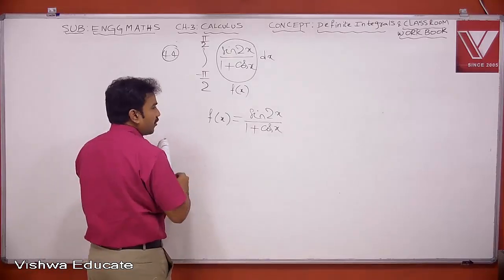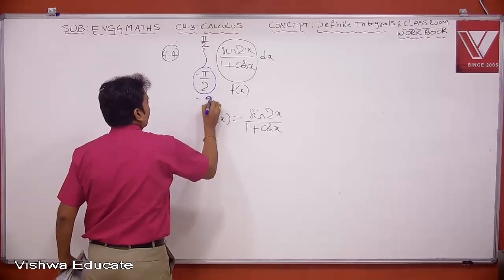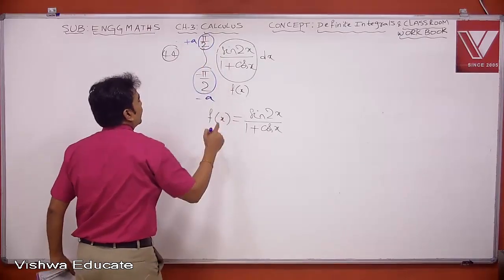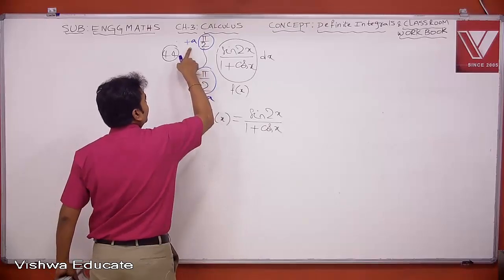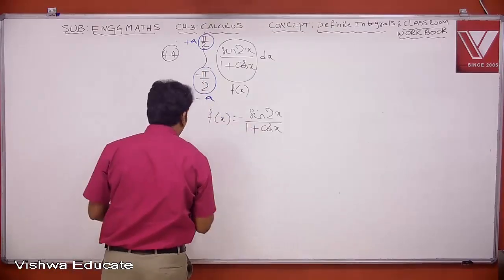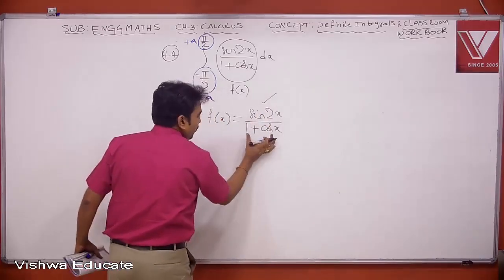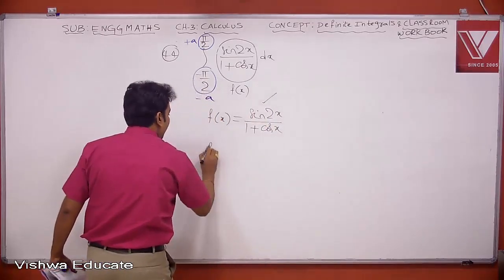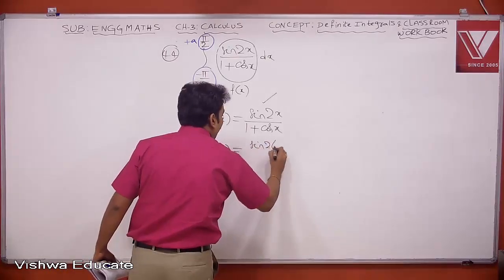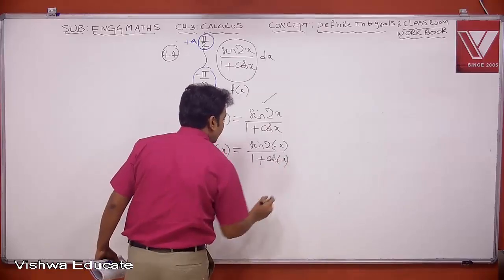We are integrating this function between minus a to plus a. This is minus a and this value is plus a. So when you integrate a function between minus a to plus a, according to property number 4, check whether it is an even or odd function. Now we know that sine is an odd function, but cos is an even function. Let us replace x by minus x. F of minus x is sine of 2 into minus x divided by 1 plus cos of minus x.